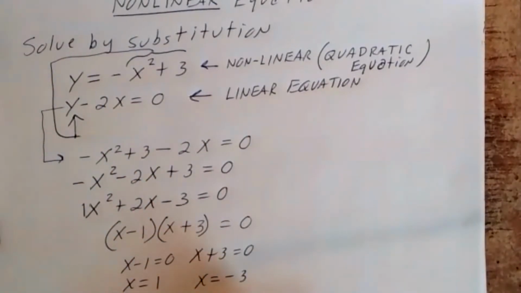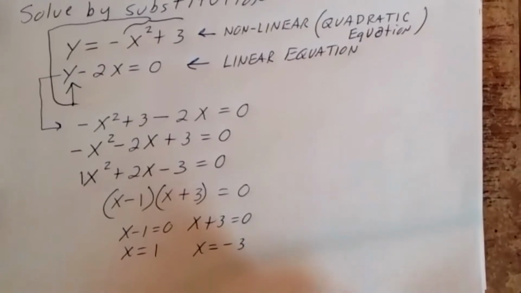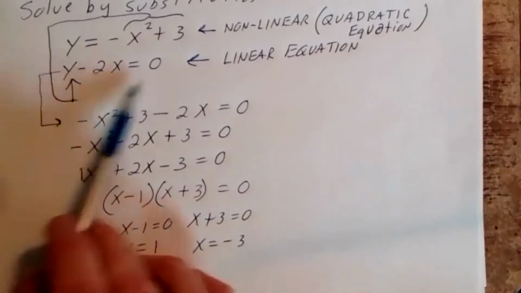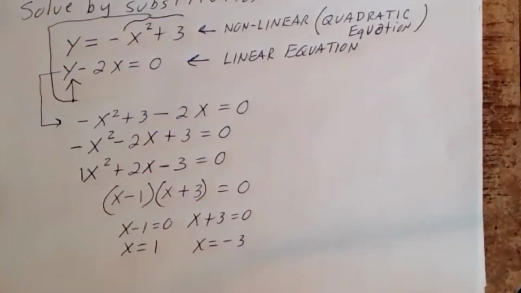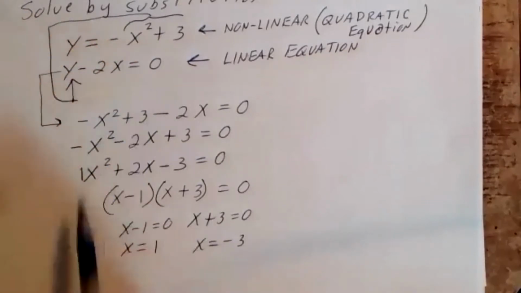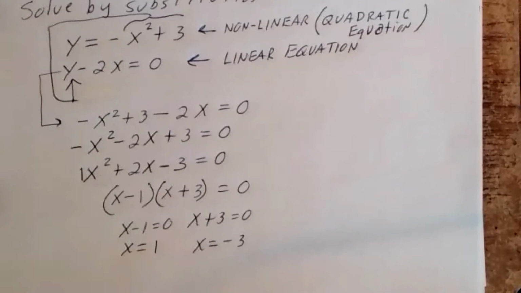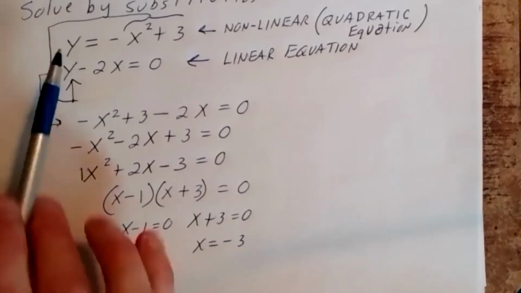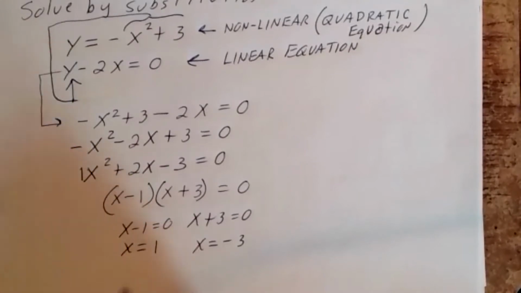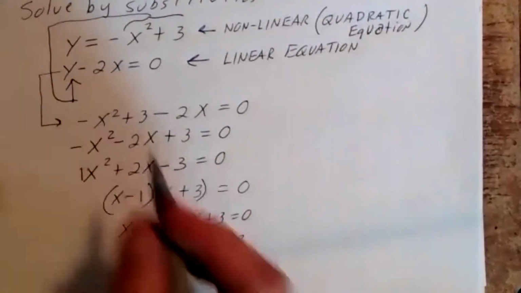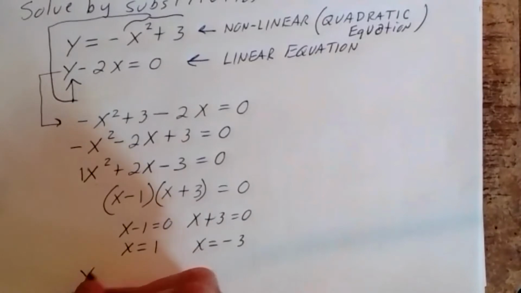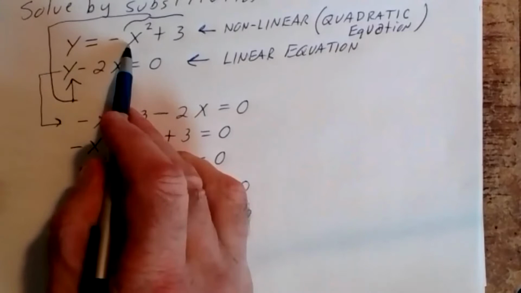All right, ladies and gentlemen, we still have to find the y coordinates of these ordered pair solutions, because if a system like this has a solution, of course, it has to be an ordered pair, and that ordered pair has to satisfy both equations simultaneously. So if x is equal to 1, to find y, I will use the first equation that's already solved for y, although you could use the second equation. So y is equal to negative x squared plus 3.